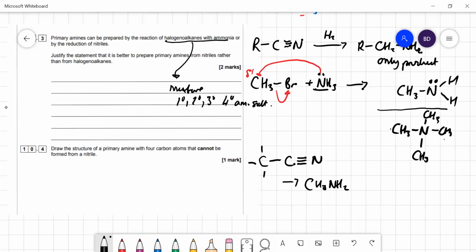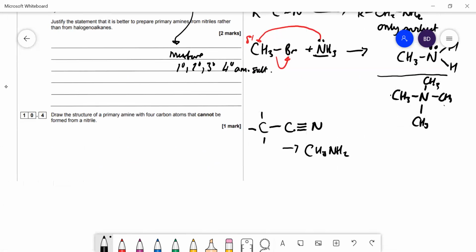But say if the amine is in the middle, so say if you had an NH2 group there, don't forget that's still a primary amine. It's not like an alcohol where it would be a secondary alcohol. That's a primary amine. Now that you can't have, if it was made from nitrile, it would be from that, and that's impossible because that carbon would be forming 6 bonds, wouldn't it? Okay, so that's not allowed.